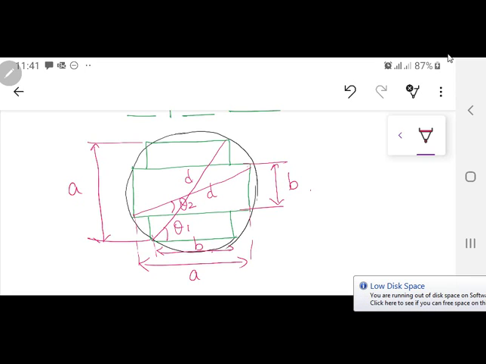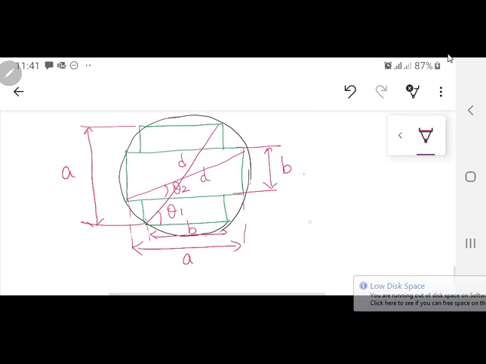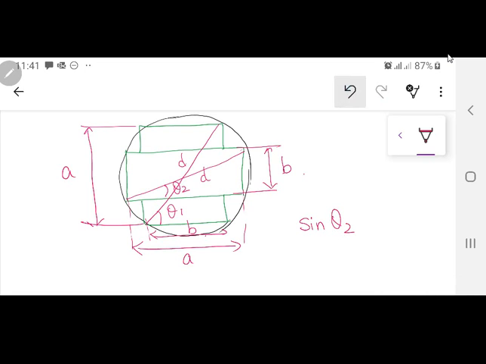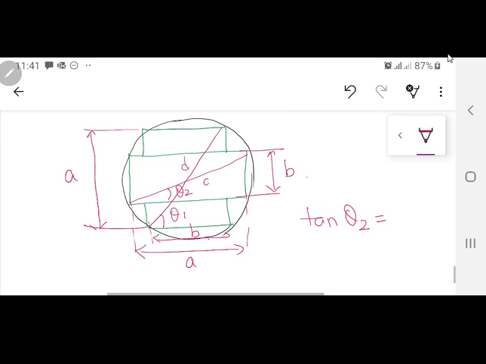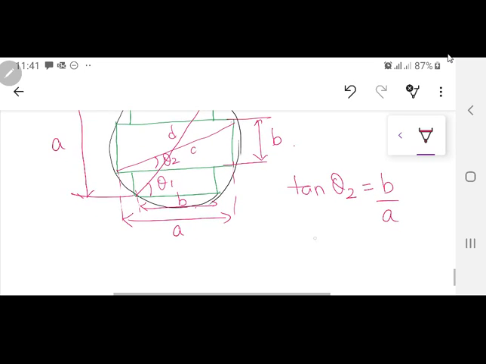एक सेकंड, one at a time. हाँ जी. Okay, let me write it down. Sin theta 2. टेंजेंट लगा लें, चलो. It's totally up to you. Tangent theta 2. What is it equal to? Tan theta 2 is equal to B over A. इसीलिए मैंने कहा तुमने tan लगवाया, इसीलिए.